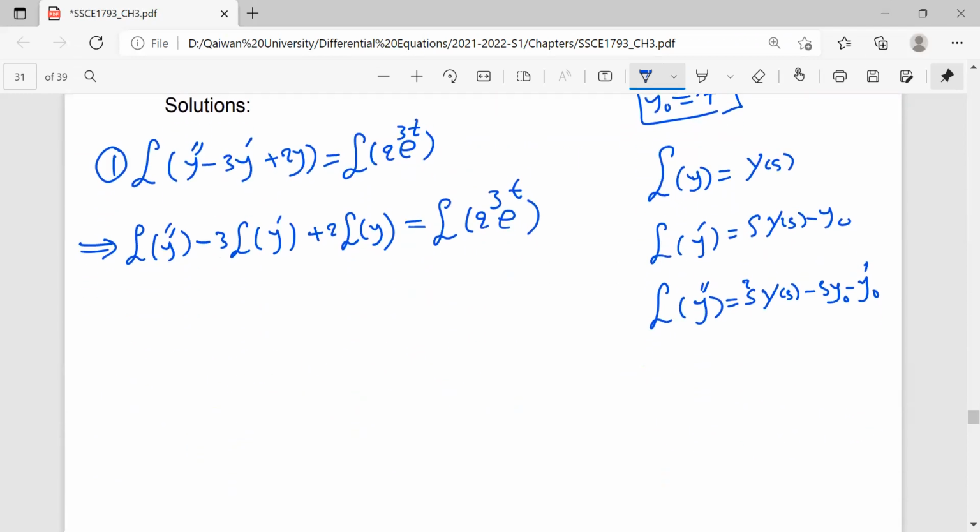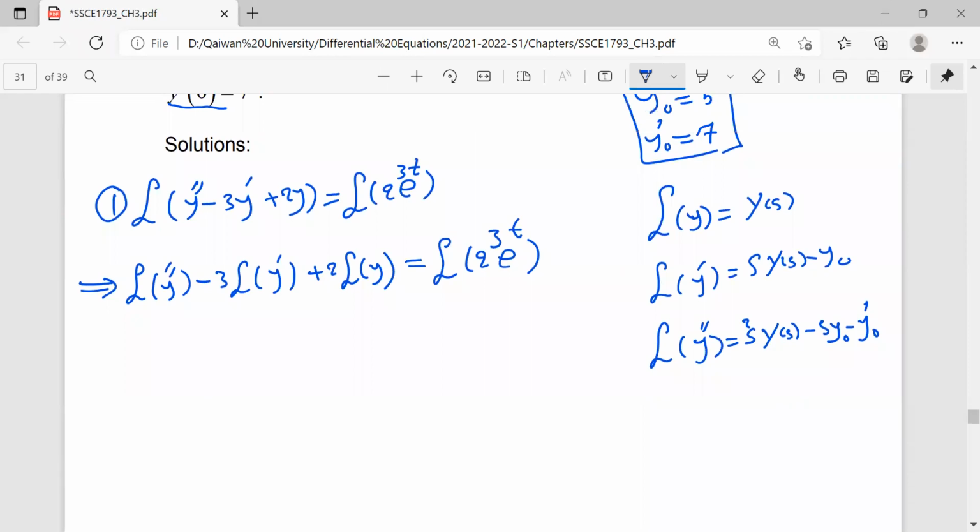Now we take the Laplace transform for the terms. For the first term, the Laplace transform of y double prime is s squared y of s minus s y naught minus y prime naught. Then for the second one, it is minus 3 times the Laplace transform of y prime, which is s y of s minus y naught.